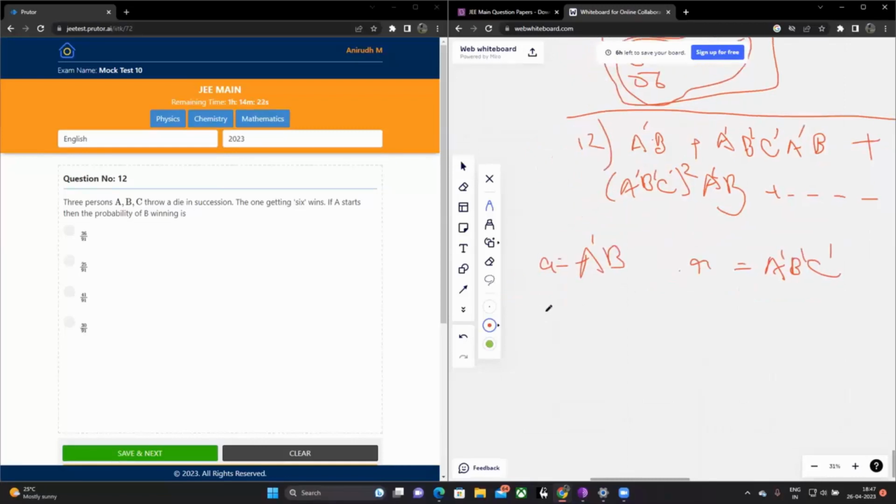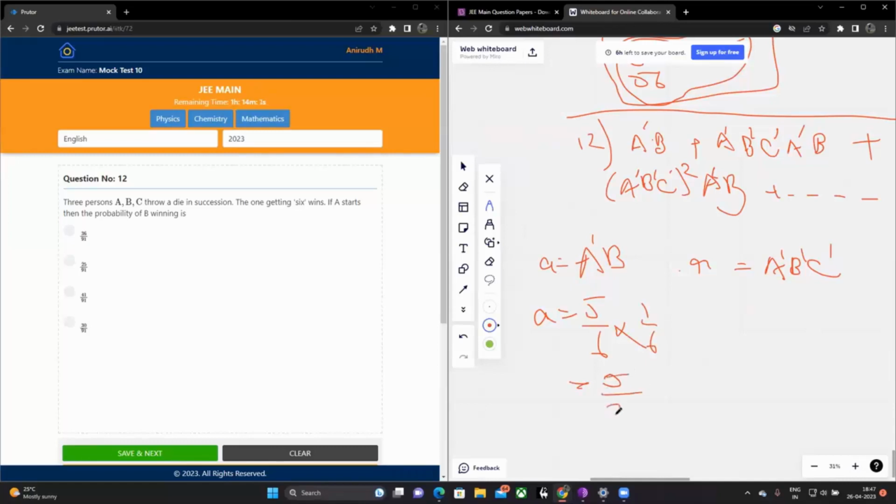And so the probability of A losing is basically A not getting a 6, which is 5 by 6, because you only have 6 faces on a die, and equal probability for each of these 6, right? That is 1 by 6, right? And B winning is basically B getting a 6, that is 1 by 6.